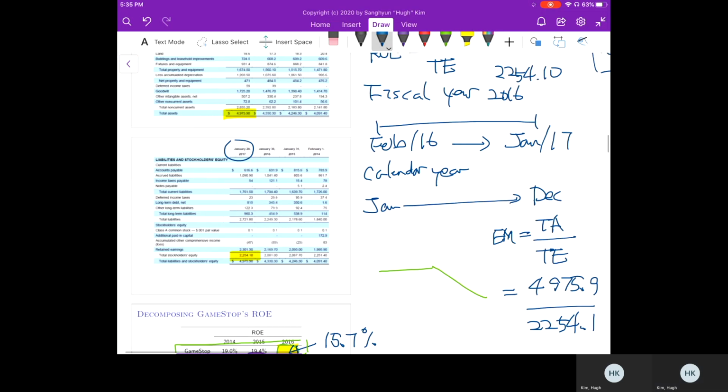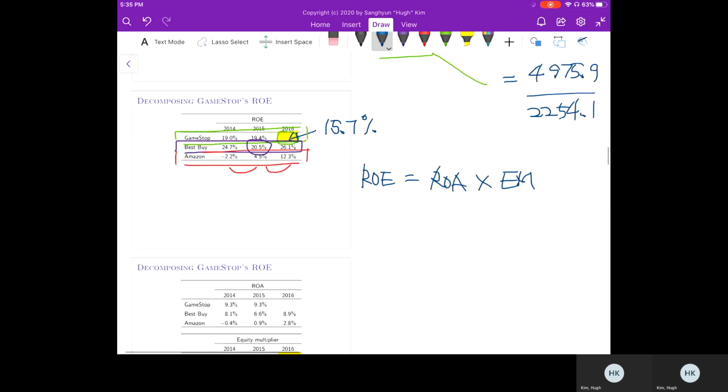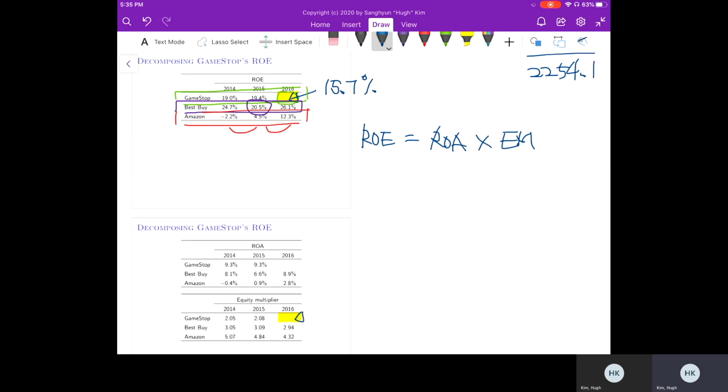So that number here is 2.21. As you can see here, for GameStop, the leverage has gone up a little, but not a lot. It's gone up by less than 10%, 0.13 percentage point.